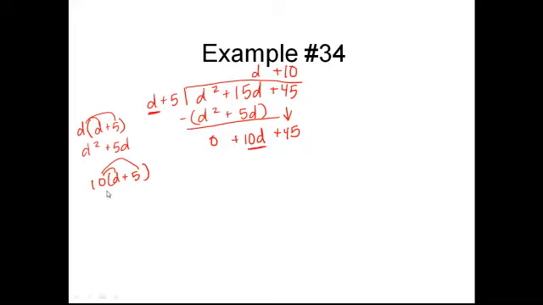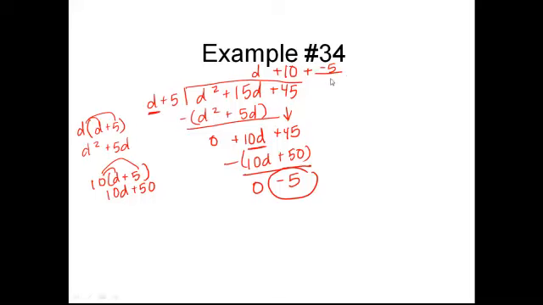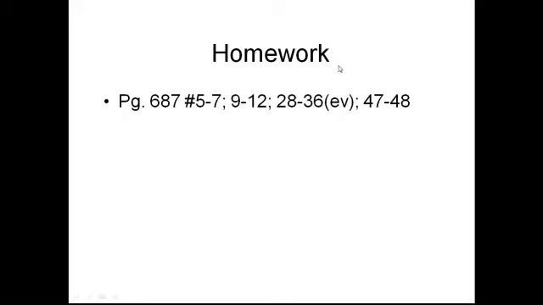You're going to distribute that through 10d plus 50. So 10d plus 50. Now don't forget to subtract everything. So this is going to be 0. And when you subtract this, you get negative 5 as a remainder. Now it's okay if you get a remainder. Just up at the top, you're going to put plus negative 5 over d plus 5. That's it. There you have it.